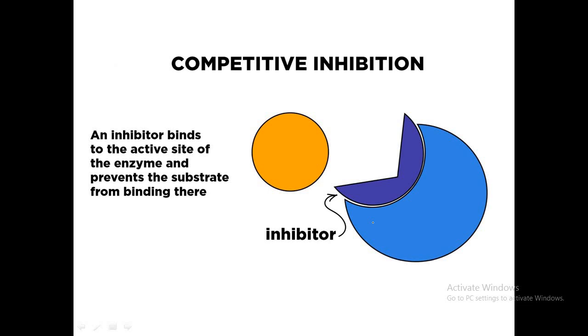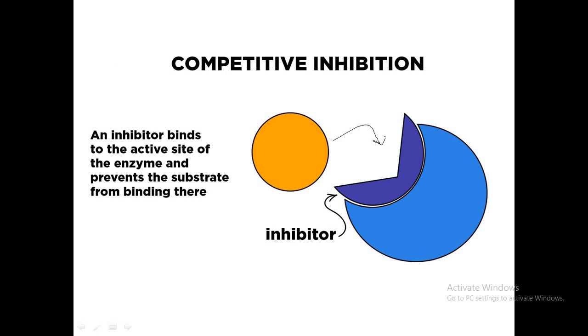The inhibitor is very similar in structure to the substrate, and this inhibitor also has a very high affinity for the enzyme. As a result, in this competition the inhibitor wins and the substrate gets out.